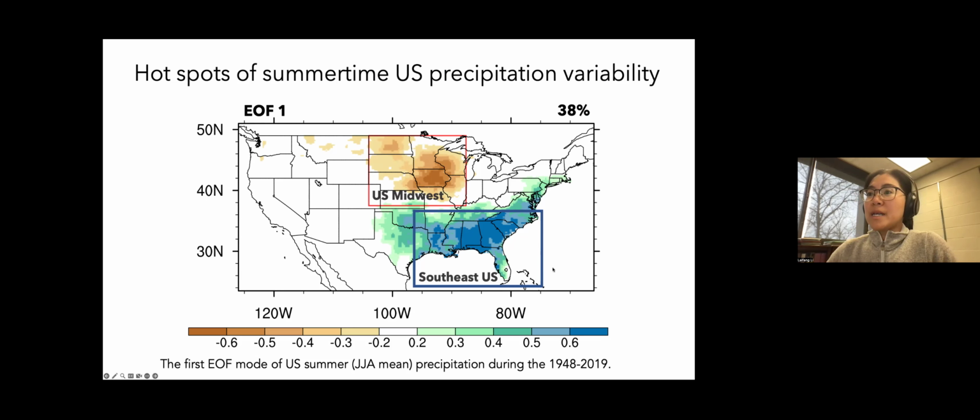So it indicates the southeastern US summer precipitation is one of the hotspots that really needs our attention if we would like to better understand and predict the year-to-year variation of rainfall over the entire country.